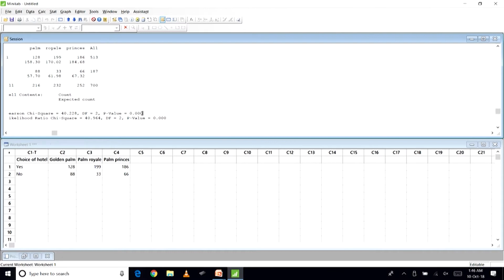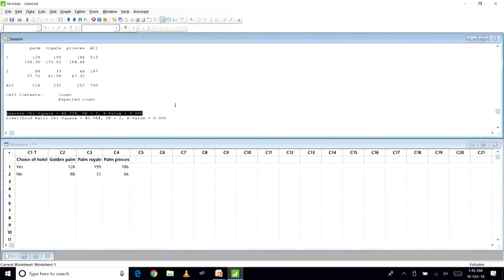So, let us look at the chi-square value. First look at the p value, p is 0, right. So, p is less than alpha, so we will reject the null hypothesis, and the null hypothesis was that all these three proportions are the same. So, we are saying they are not the same because we have rejected the null hypothesis. So, far as the chi-square value calculated is concerned, it comes out to be 40.96.